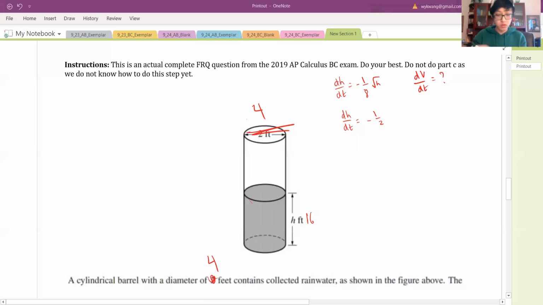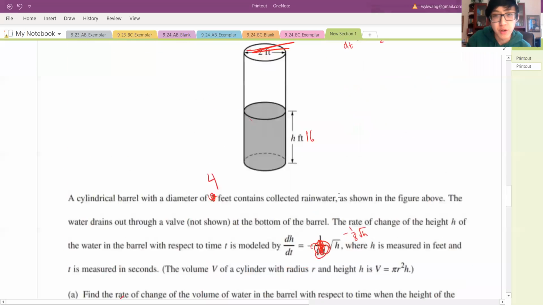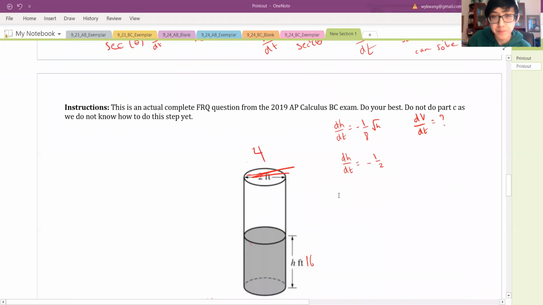Okay, sorry, my internet disconnected for whatever reason. So going back, I have that dh over dt is equal to -1/2, right? Because I just solved for that. What am I even solving for again? I forget. So dv over dt.